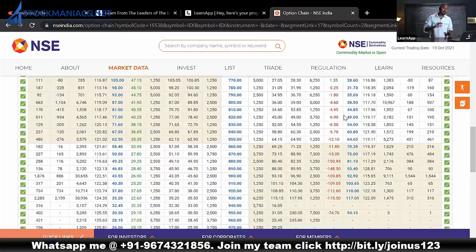Selvi asks, how to identify a sudden fall in advance like it happened in IEX? Sure. When a fall is happening, you just look at the change in open interest. If there is a high change in open interest, the position build in the market is getting reduced drastically on one side. The whole thing will look very skewed, and if it is very skewed, that clearly means something very big is about to happen.